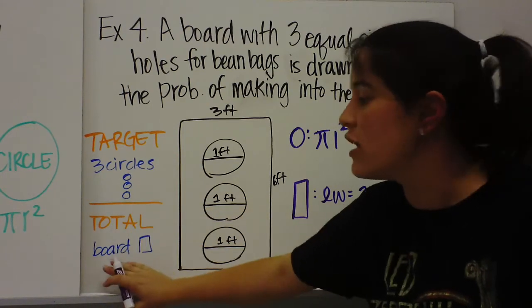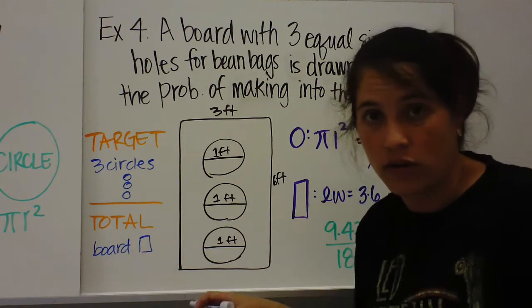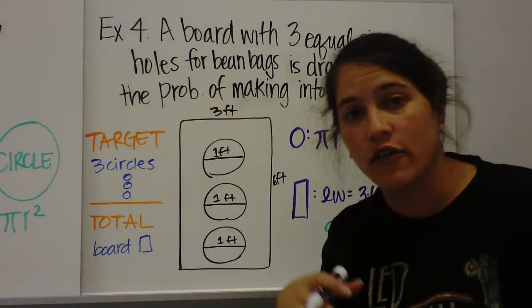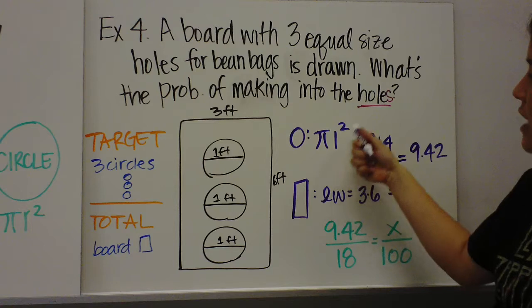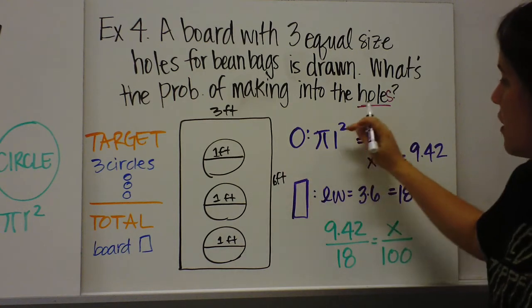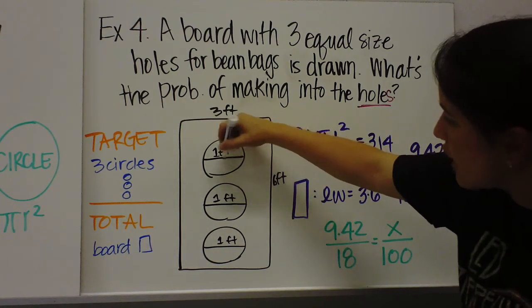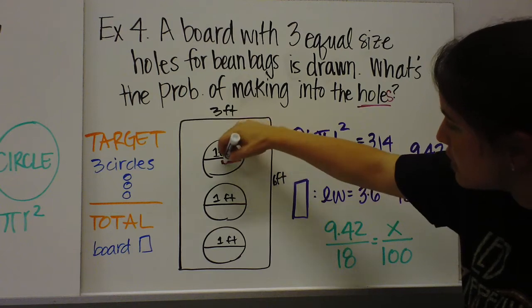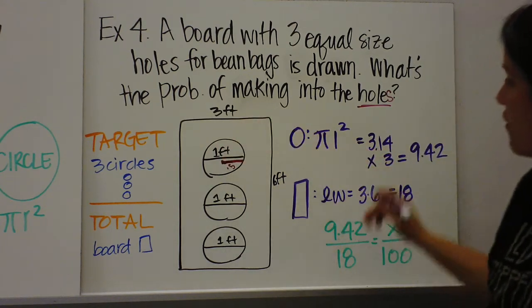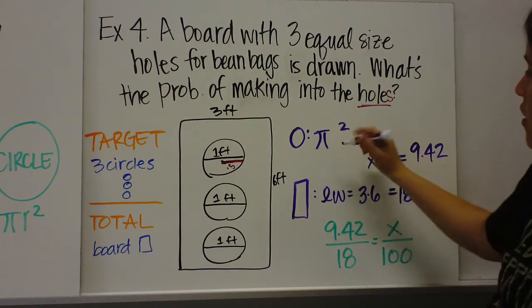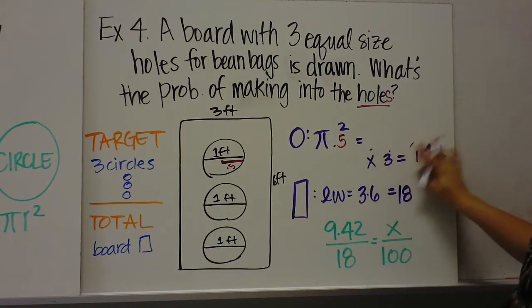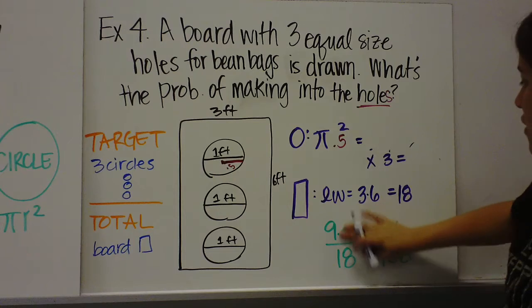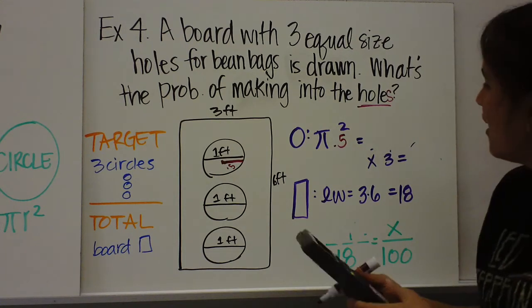The total area is the rectangle, the big board. So we need our target over our total. The circles are pi times radius squared. Whoops, I made a mistake. So if the diameter is 1, the radius is 0.5. Sorry.